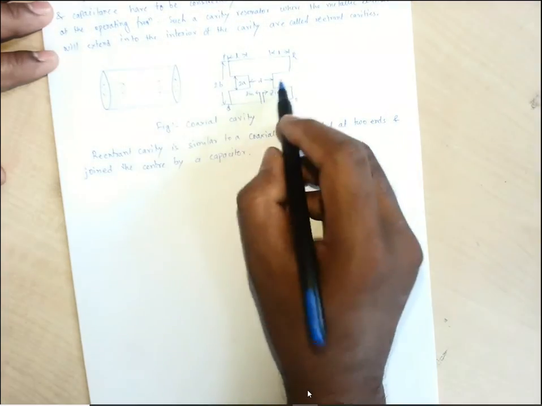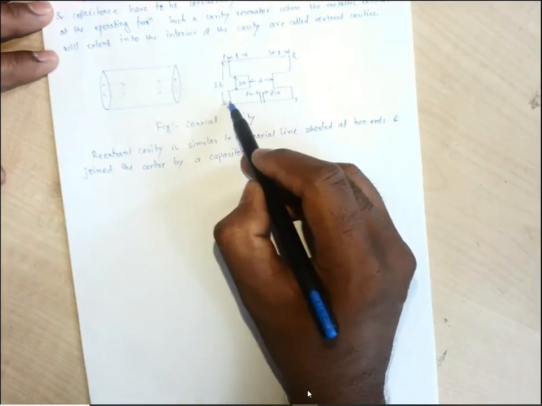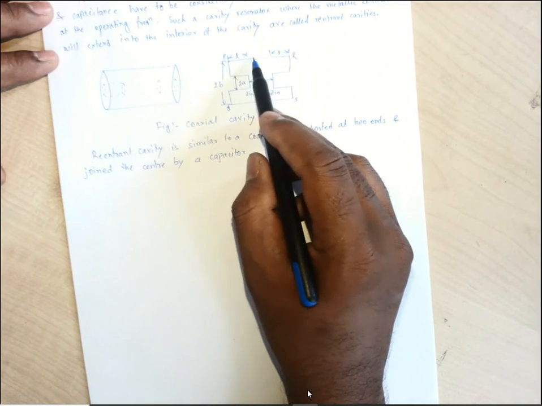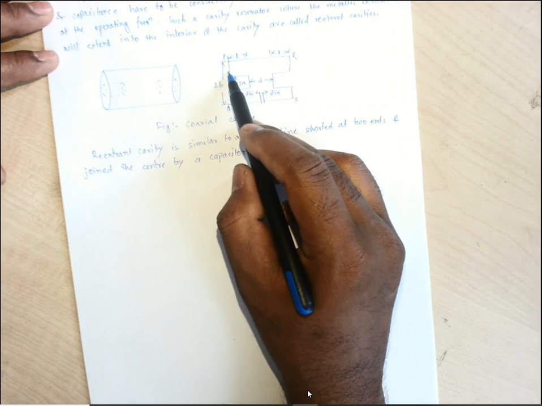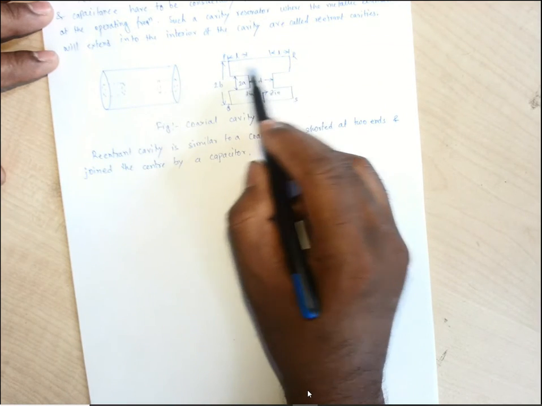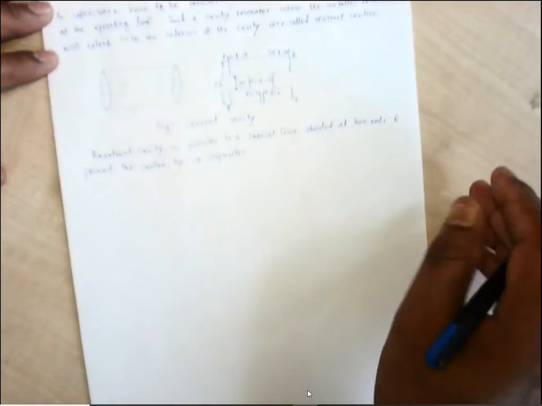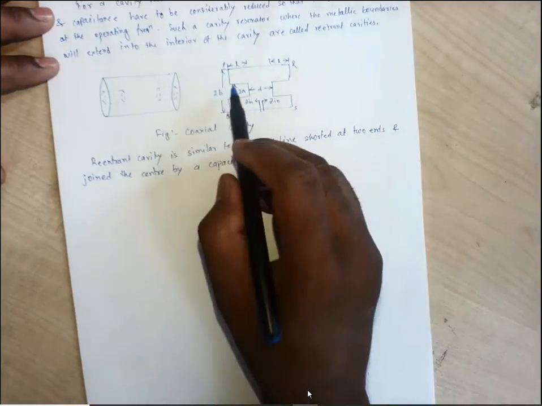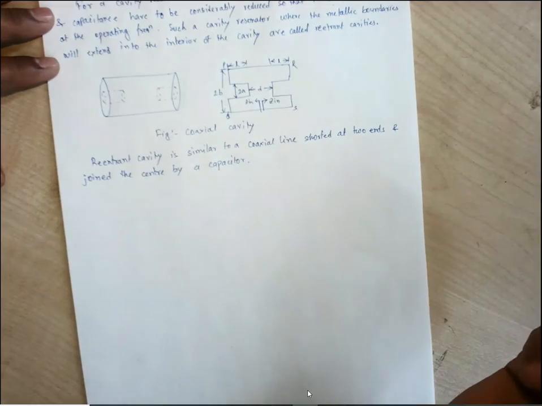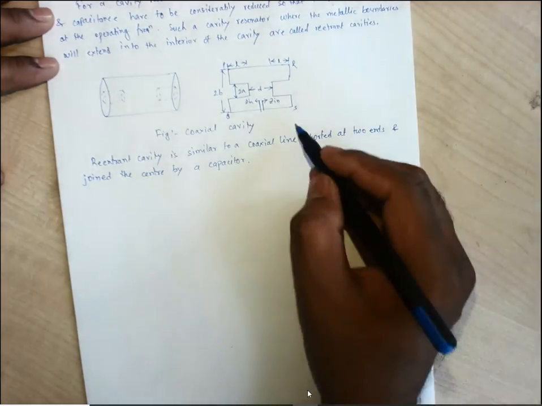Two ends are shorted. This side is one end, and this is the other end. So it is continuous metal. Only this part and this part metal portion is absent. So these two ends are shorted and joined at the center by capacitor.